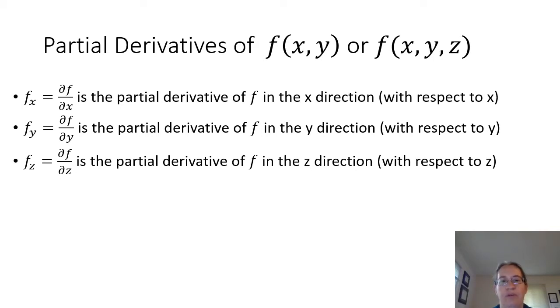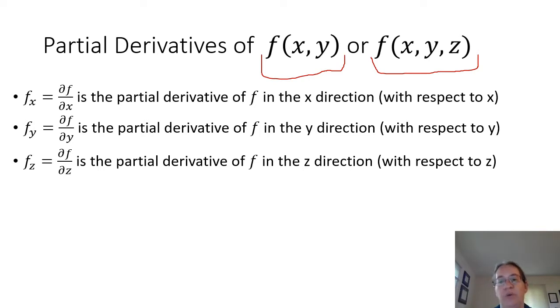So remember, if you have a multivariable function, say in two variables, f of x comma y, or three variables, f of x, y, z, or more, you'd do something similar. But two and three variables are the most common things you'll come across. So anyway, f sub x, or possibly curly df dx, either one is notation for the partial derivative of f in the x direction, or sometimes people say partial derivative of f with respect to x.